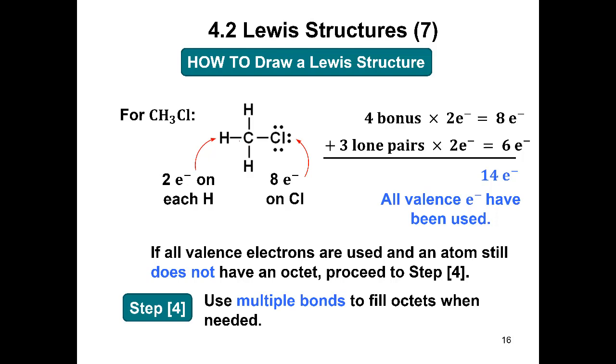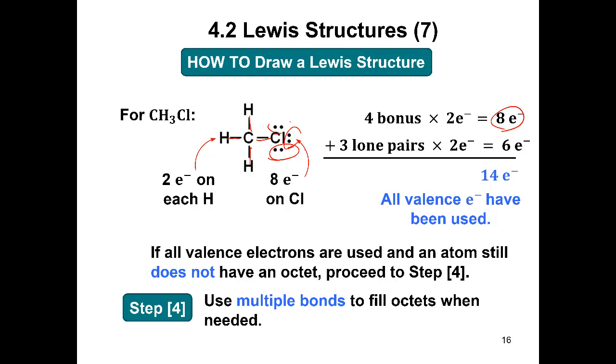So you've got 1, 2, 3, 4 bonds, and that's 8 electrons. You've got 14 total, so that means you would put 6 more on the chlorine, and that's where they would go. It doesn't have an octet, so that's why it gets the 6.